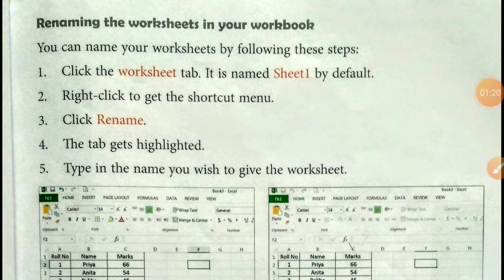Students, next is renaming the worksheet in your workbook. You can name your worksheet by following these steps. Click the worksheet tab. It is named sheet 1 by default. Now right click to get the shortcut menu, then click rename.